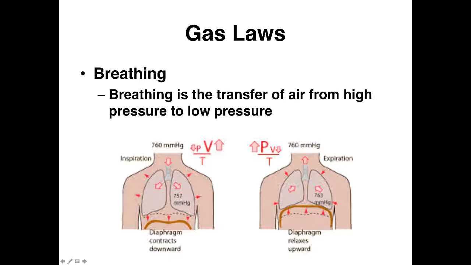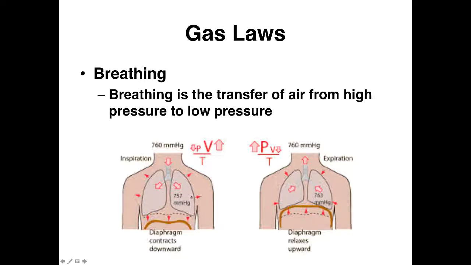Both of these actions, the downward pull of the diaphragm and the outward pull of the chest wall muscles, tend to increase the volume of the chest inside the chest wall. It is airtight, and assume all of this is at approximately the same temperature.